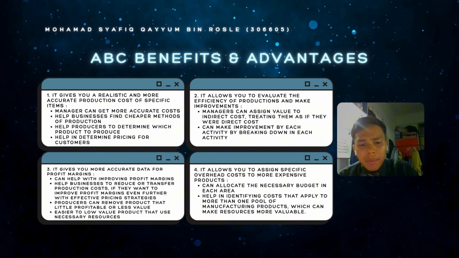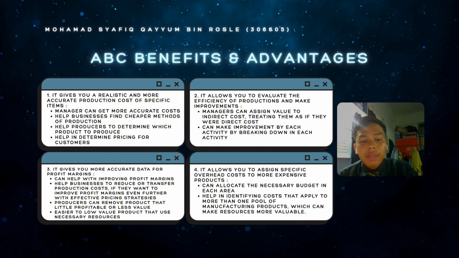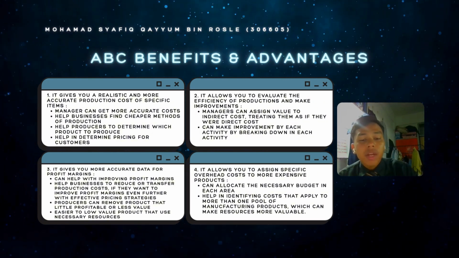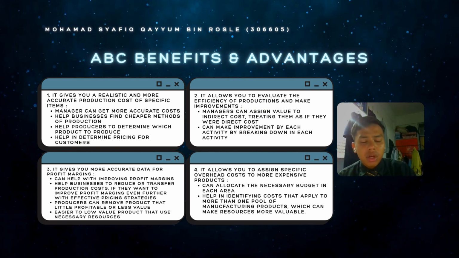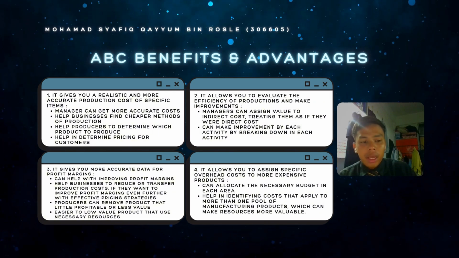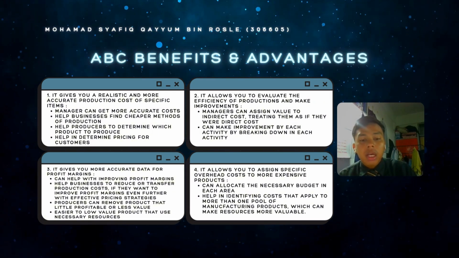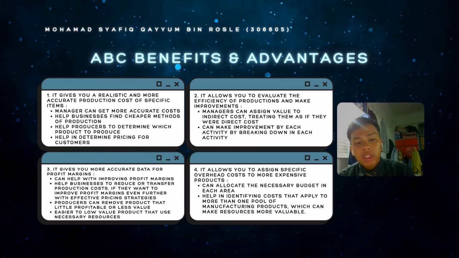What I understand about number three is that by the ABC we can control the profit margin. If you want to raise the profit margin, you can eliminate the no-value or less-value products. So it's the same as number one. When you evaluate the less-value products, you can focus on the high-value products, so you can push the profit margin higher.